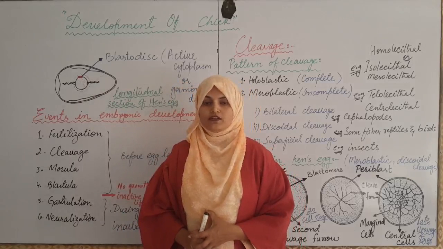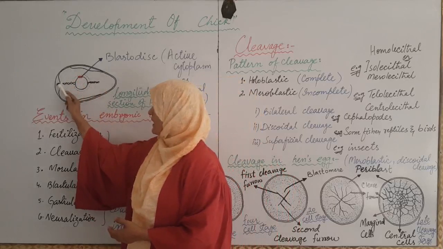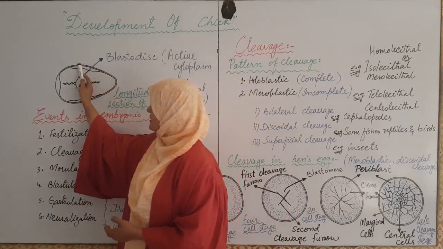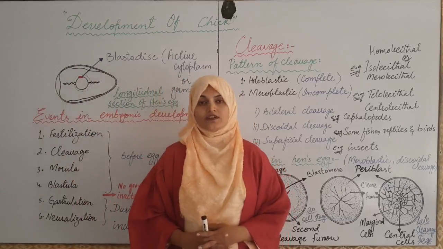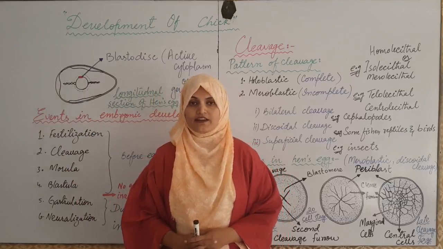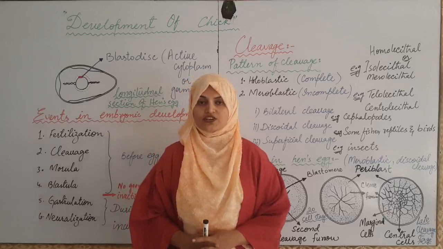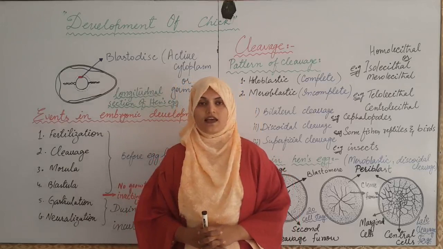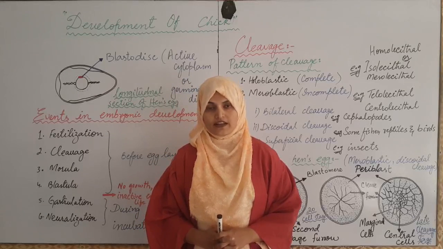Outside the albumin, two shell membranes surround the albumin, and after it, another calcareous, porous, hard material surrounds the egg to protect it from the surroundings. The fertilization in the hen is internal, and the egg is laid after 24 hours of fertilization.